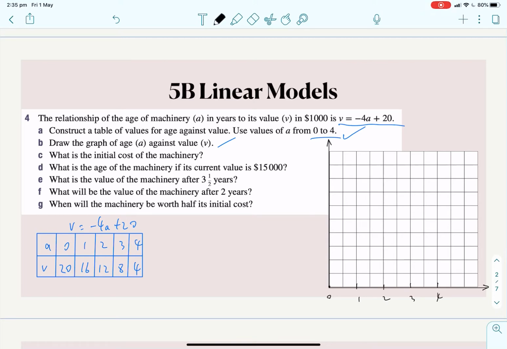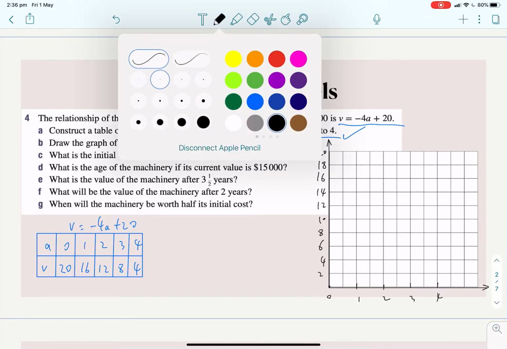We've got 20 here, and the maximum is 20 anyway, so we go up to the top, 20. So 2, 4, 6, 8, 10, 12, 14, 16, 18, 20. Okay, good.